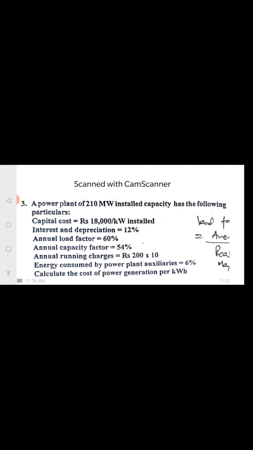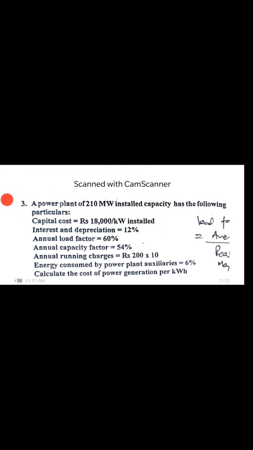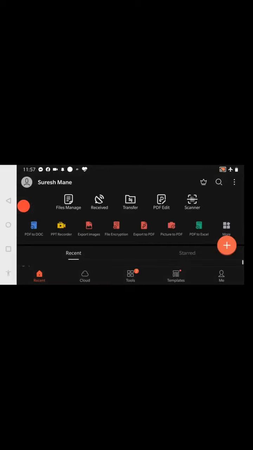Annual load factor is 60%. Annual capacity factor is 54%. Annual running charges are 200 into 10 raised to 6 rupees.